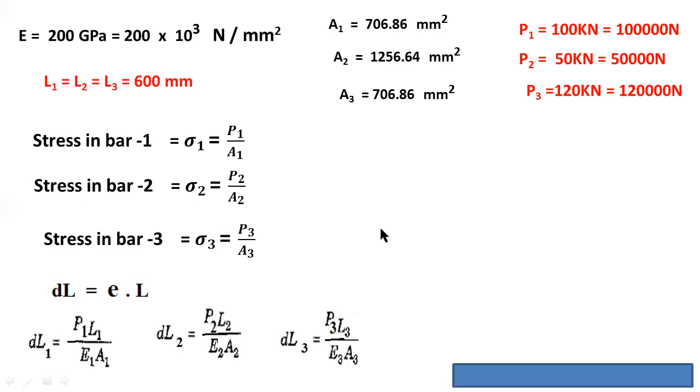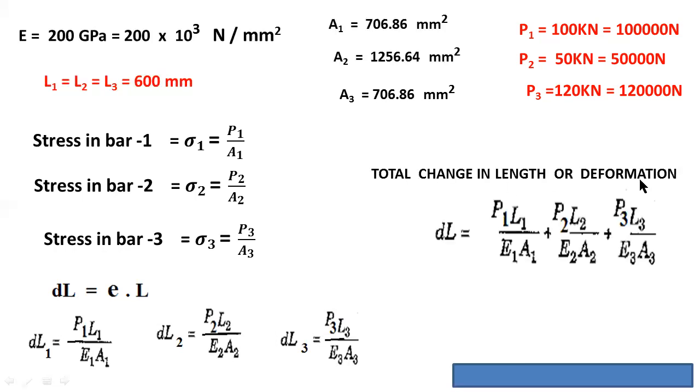The total change in length, or total deformation, is obtained by adding these three values, because the total deformation is equal to the sum of the individual deformations. So delta L equals delta L1 plus delta L2 plus delta L3. This is the formula for total deformation.